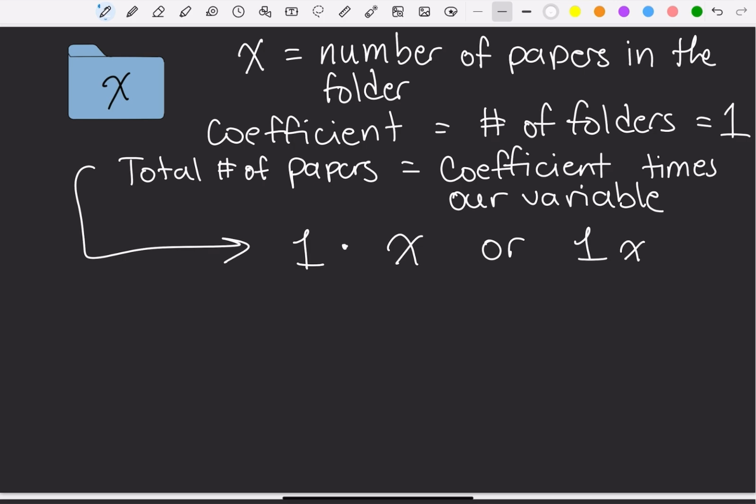Here we have our coefficient, I'm going to circle that in light blue, and then we have our variable, I'm going to circle that in yellow.